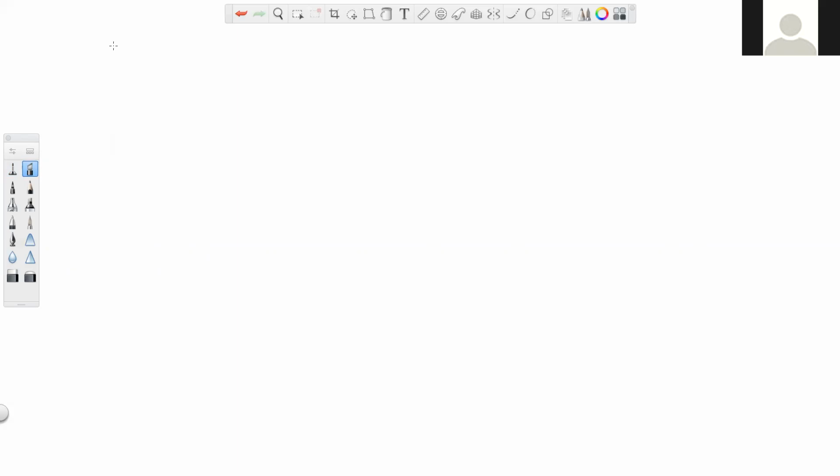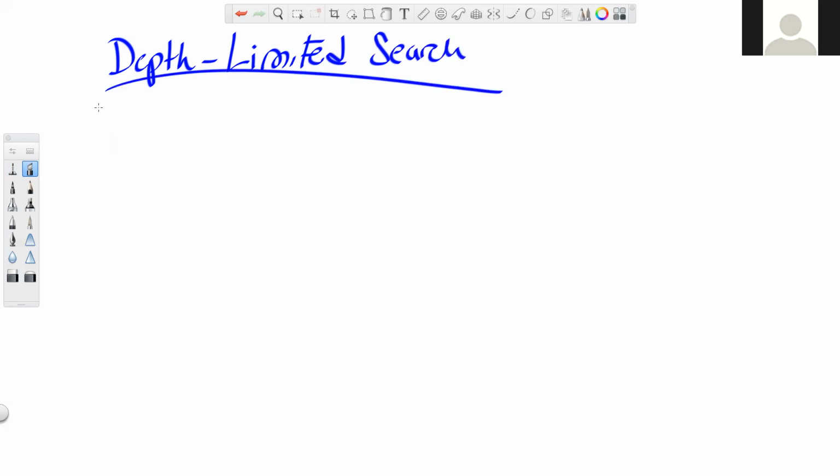And this is basically a variation on depth first search, where effectively what you're doing is DFS with depth limit of L.